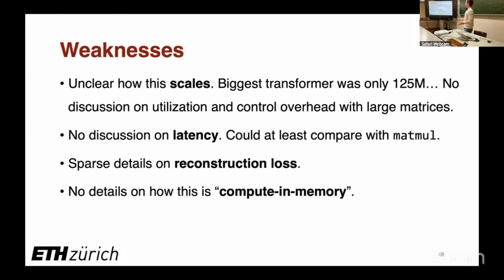But I think they could still have compared the latency of doing a matrix multiplication. Then, as I mentioned, there's not much detail on reconstruction loss. And there's no detail on how this is a compute and memory approach, or what would be the challenges or the pros and cons of doing compute and memory versus doing a more distributed, but more traditional approach.